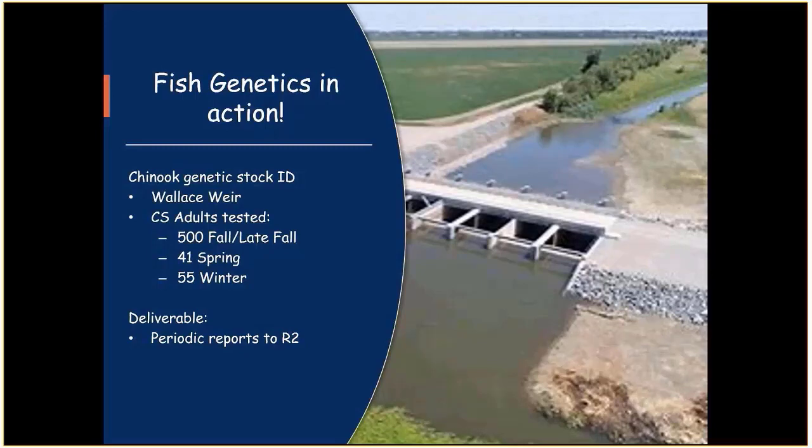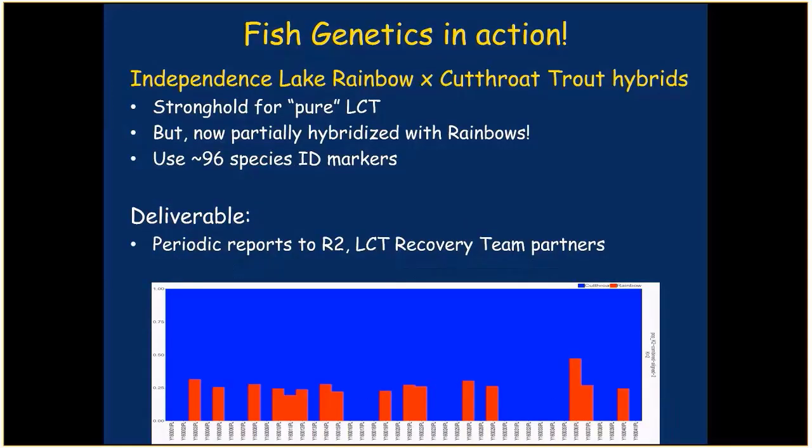Just another example of current projects is where we are doing monitoring of hybridization in Independence Lake. Independence Lake is a high elevation lake up in the Truckee River Basin. It was historically a stronghold for genetically pure Lahontan cutthroat trout.